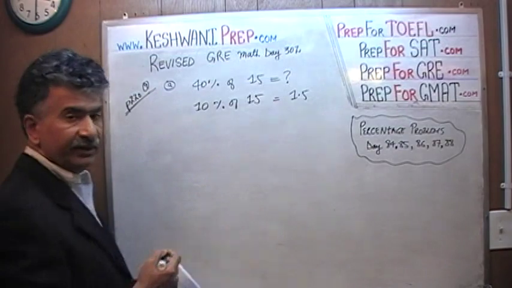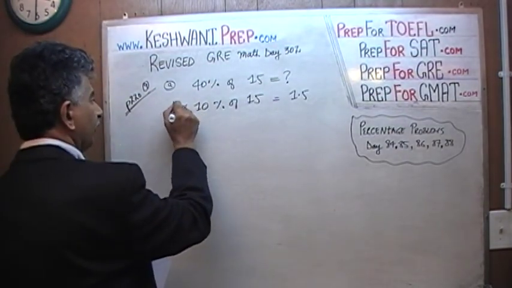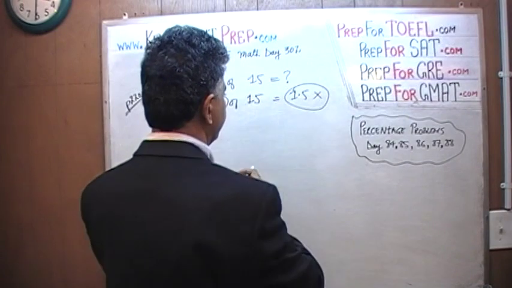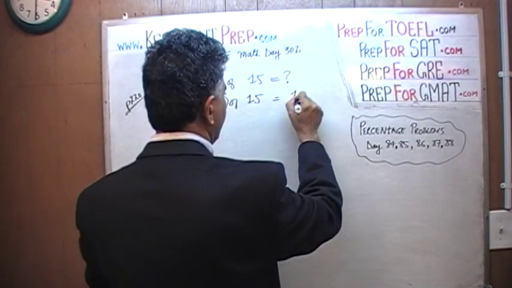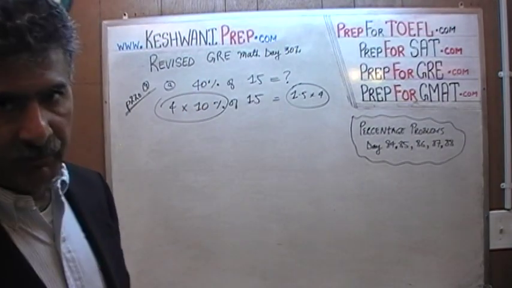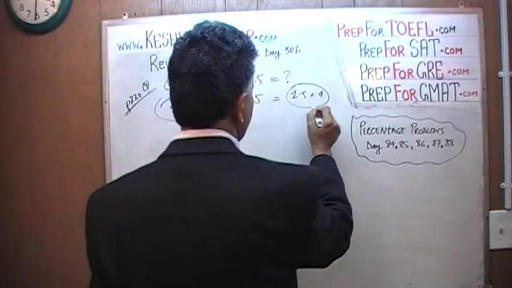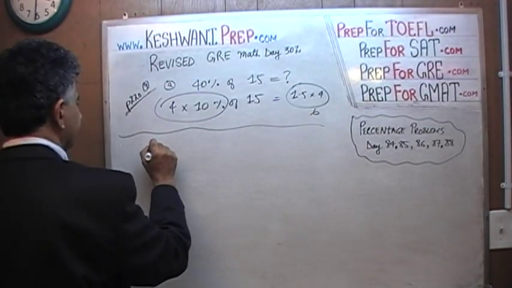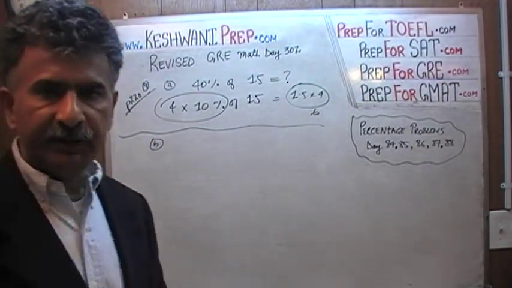If 10% of 15 is 1.5, then times 4 will give us the 40%. 1.5 times 4: double of 1.5 is 3, and double of 3 is 6. So 40% of 15 is 6.